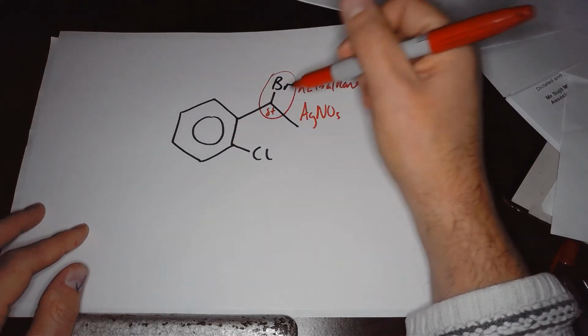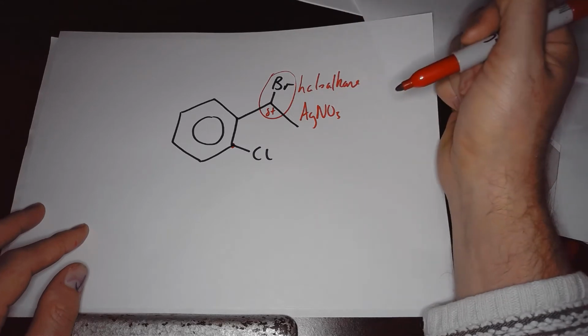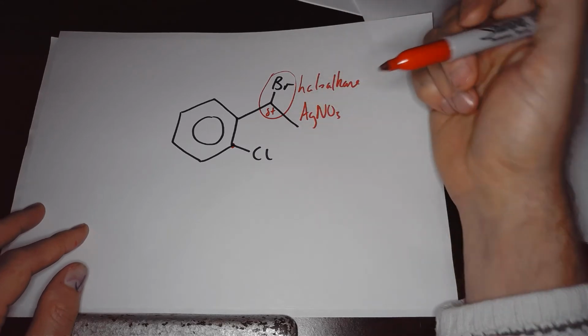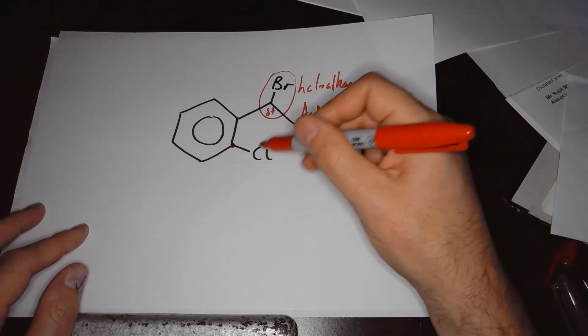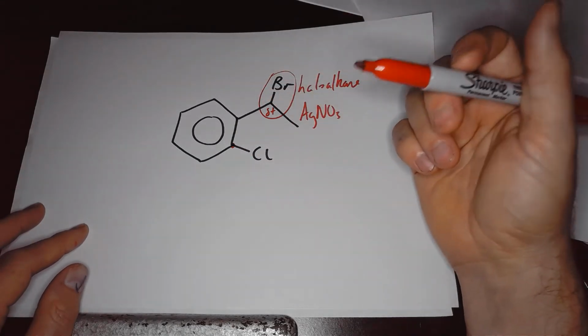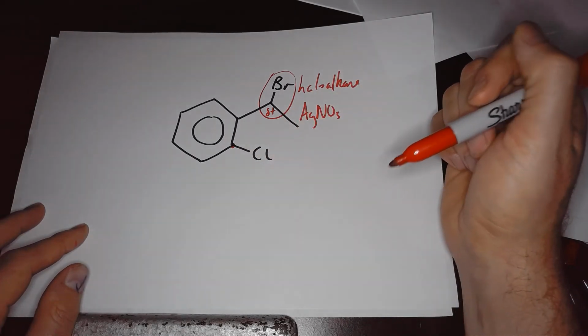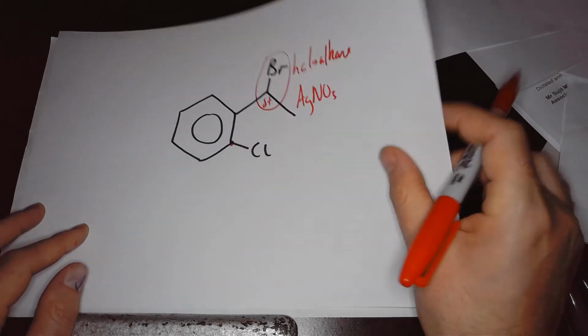This one here though, this carbon does not attract nucleophiles, so this chlorine would not be substituted. You wouldn't get a precipitate from this chlorine here, because nucleophiles are generally negative, like OH minus. It's not going to be attracted to the benzene ring, which has got a high electron density.